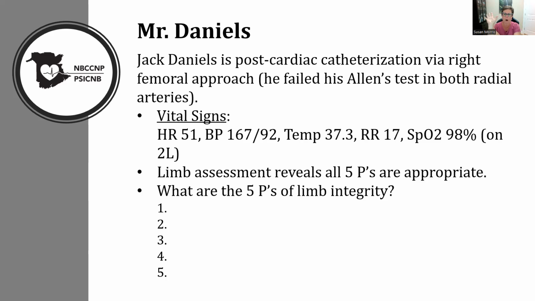Our patients will always complain of some type of paresthesia when we have a radial approach with a radial bracelet. But again, assess and compare your left and your right. So pain, pallor, pulse, paralysis, paresthesia. And then the 6th one is called poikilothermia.